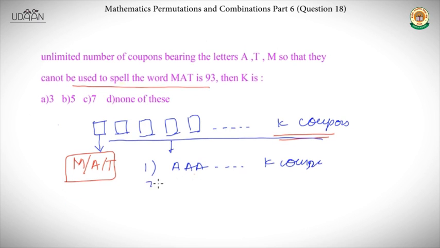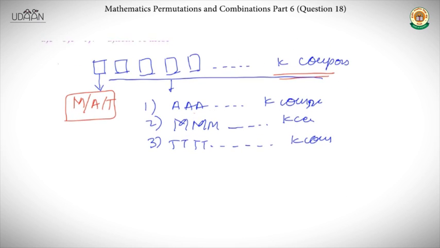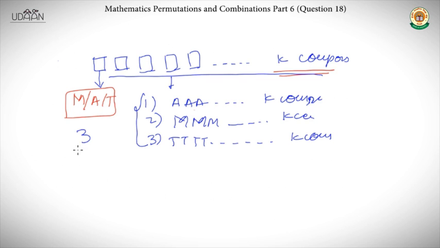The second case can be when we draw k coupons and all of them are M's. The same case as the first one. And also the third one is similarly all T's. So basically here we have three cases in which we cannot spell MAT.